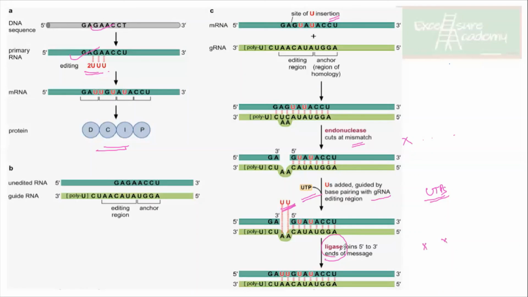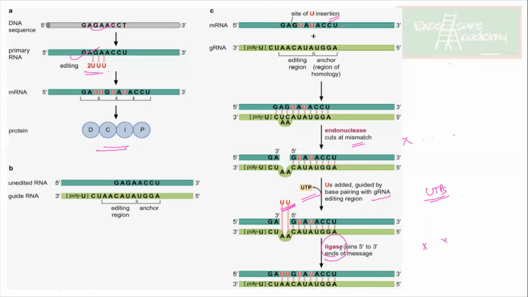So what you need to remember is, in the case of gRNA editing, that is guide RNA editing, they add a stretch of U. The gRNA should have a poly U stretch, and they need to have the editing region and the anchor region. Once the anchor region is formed, they base pair properly, then the endonuclease will come.